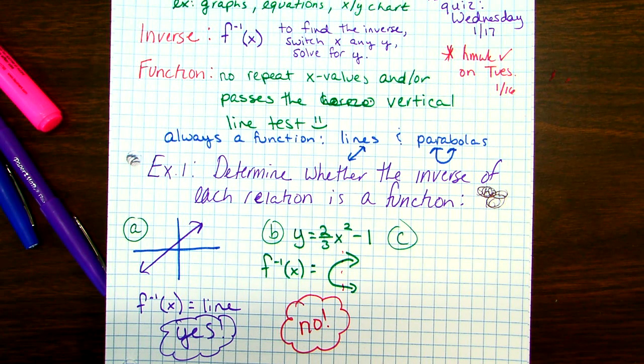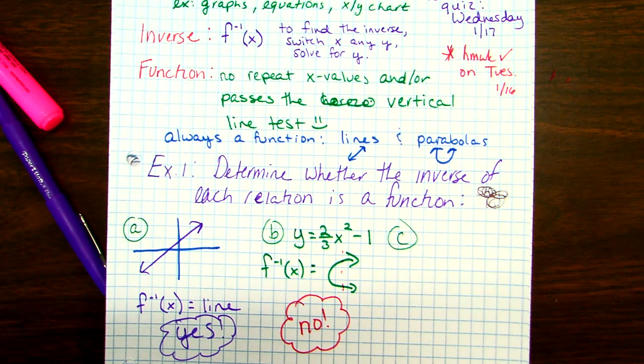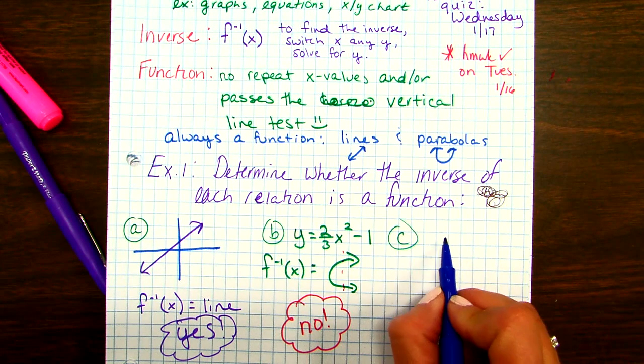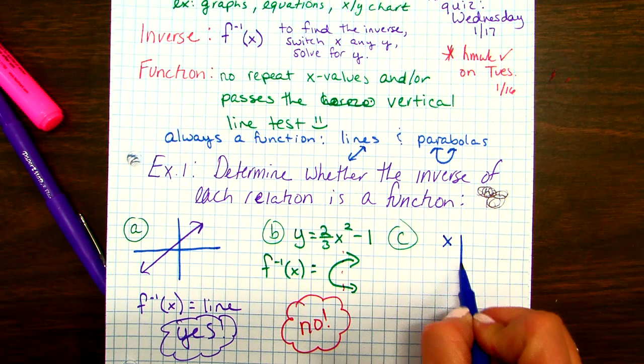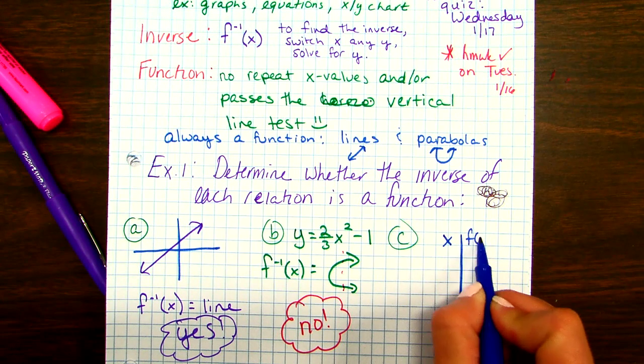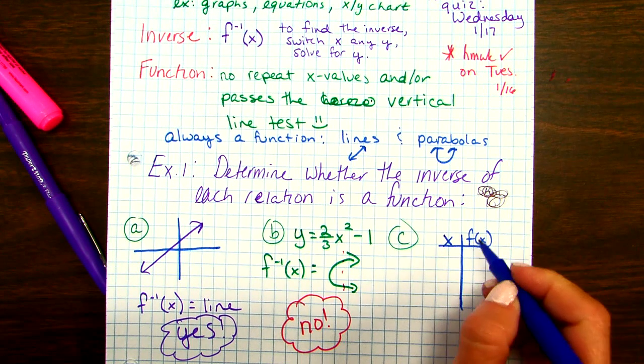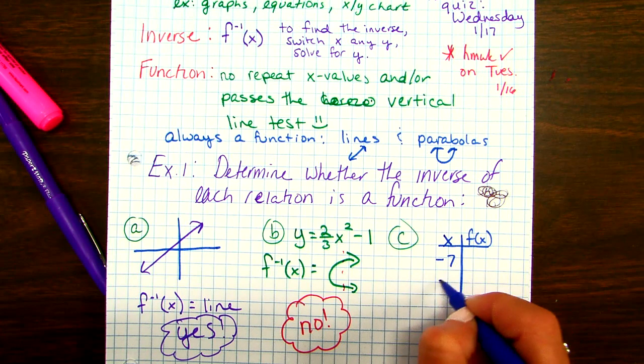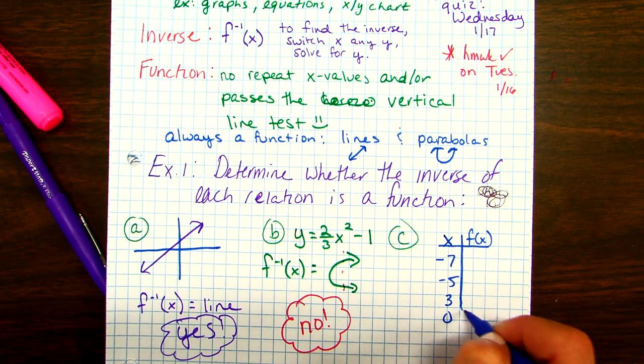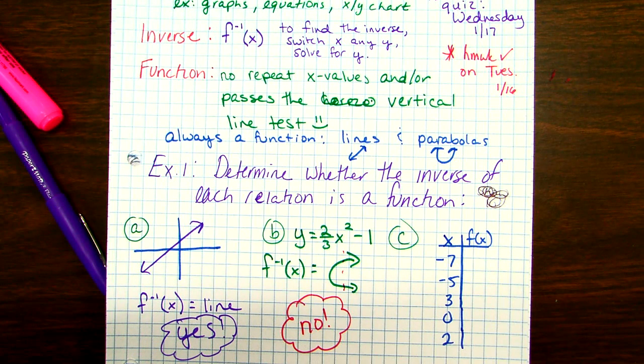The easiest type of relation out of all of them to judge is the table of values. So if I make you a table of values, there's some x values.